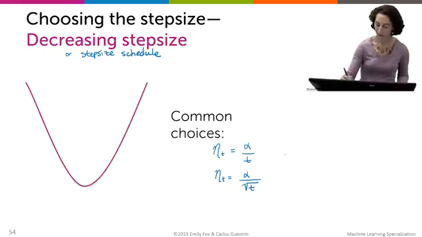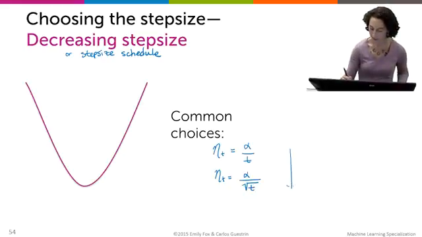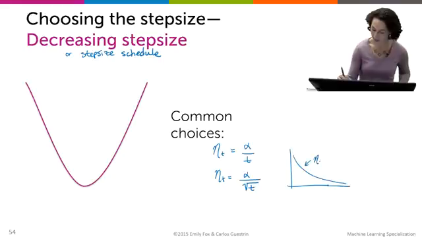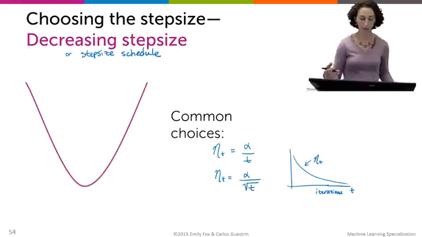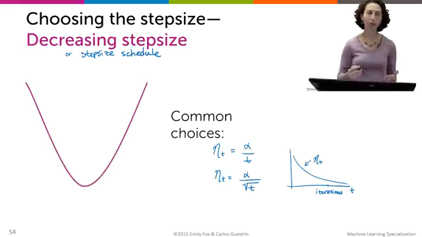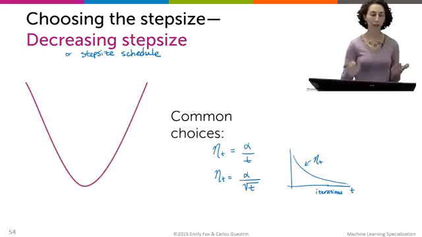And let's just plot what these functions look like. Both of these functions look something like this. So this would be the plot of eta of t over iterations t. So the step size is decreasing with the number of iterations. So why does this make sense? Well, when I start out, I'm typically assuming that I'm going to be far or decently far from the optimal.